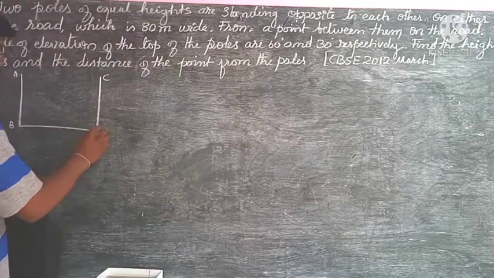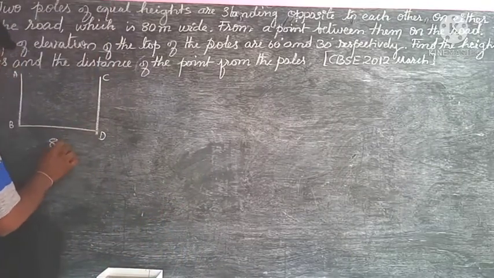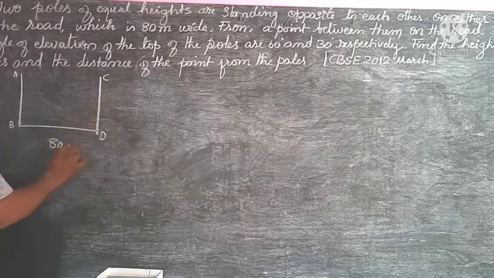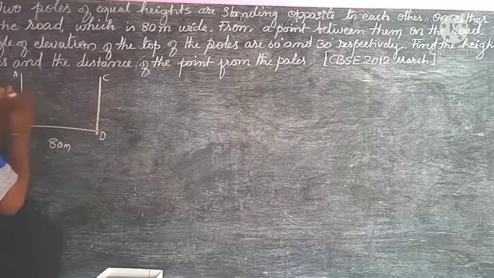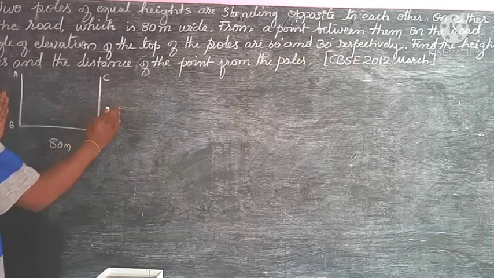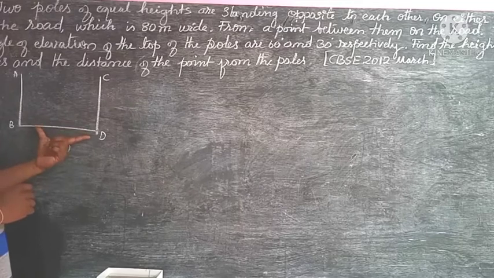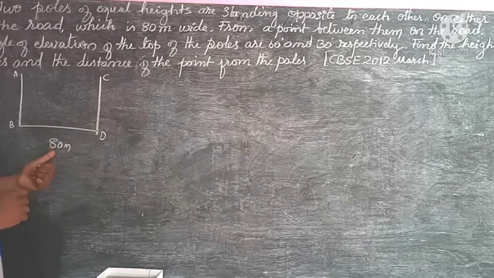The distance between the two poles is 80 meters. The height of the poles is not mentioned, just the distance between them, which is 80 meters.